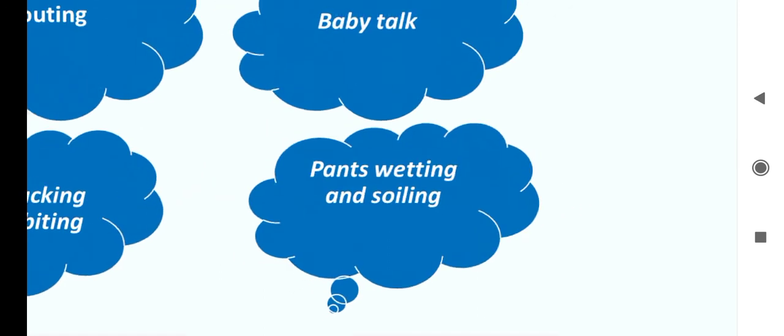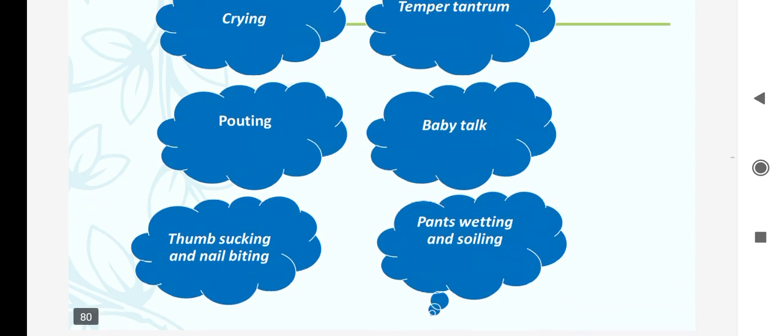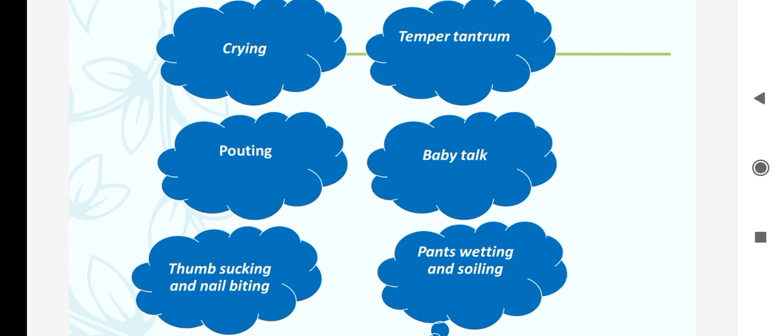Baby talk, they shouldn't do this because they are growing, and they should pass all this behavior while they are growing, and still urinating in their pants or defecating in their pants, not using the toilet. This is a dependent behavior which will cause problems for adults, referring to parents as well as teachers at school.